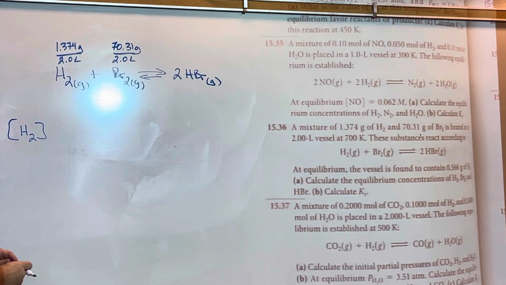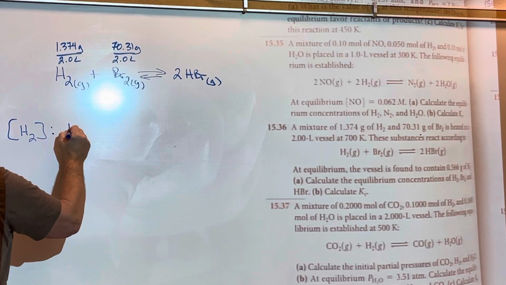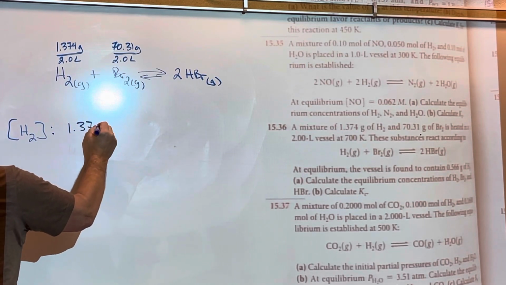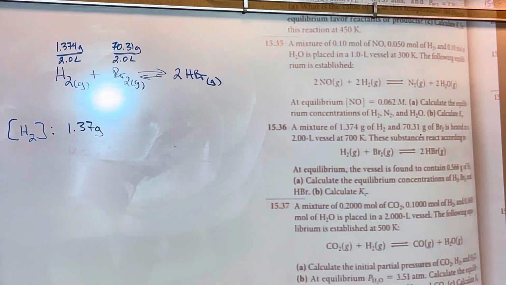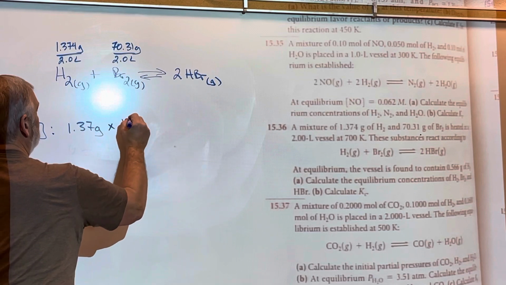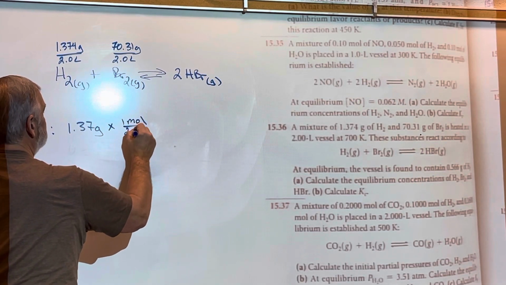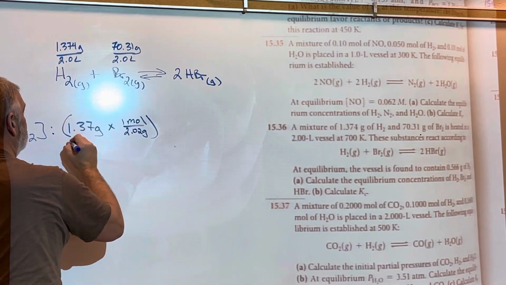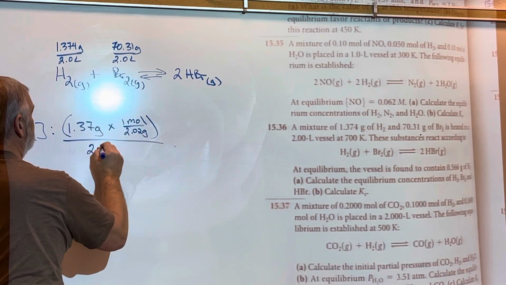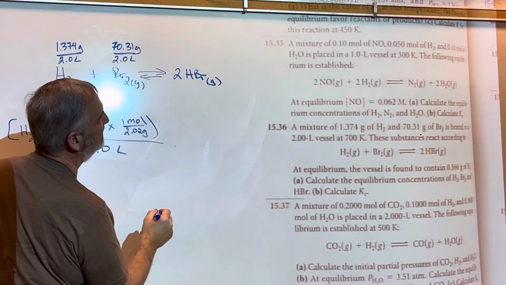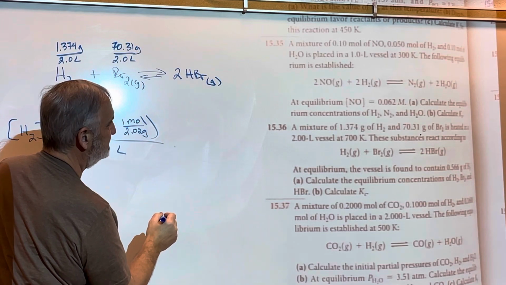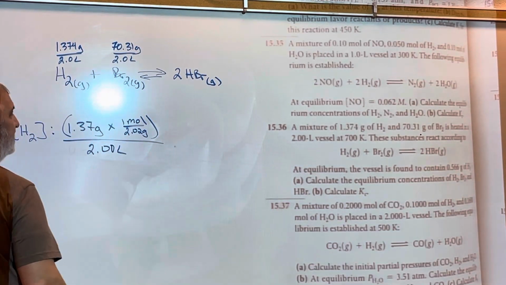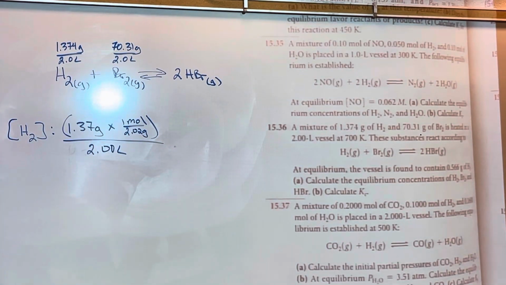Okay? I gotta take 1.374 grams. Hopefully we know what's the molar mass of H2. 2.02 times 1 mole over 2.02 grams divided by 2 liters. Is it 2.0, 2.00? Get another sig fig in there, so we got 3 sig figs. Some of y'all really on sig figs on this test. Just kind of forgot about it completely.